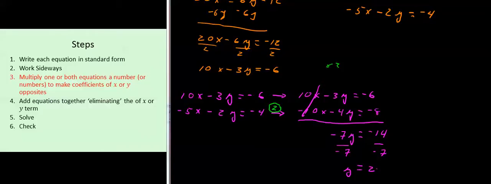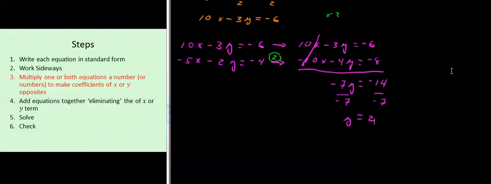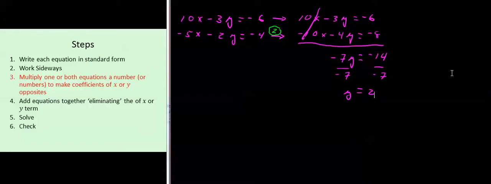Now, just like we did yesterday, we're going to substitute the 2 back into one of these equations. Doesn't matter which one. I'm going to pick this equation right here. 10x minus 3y equals negative 6.